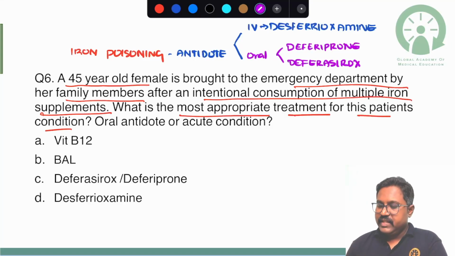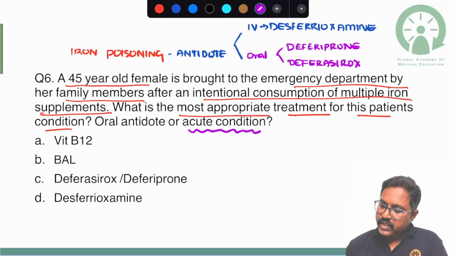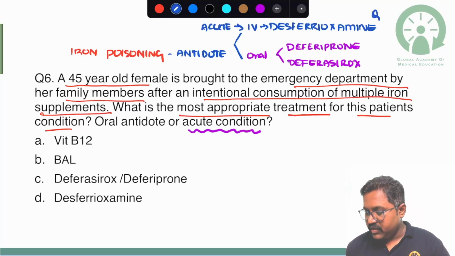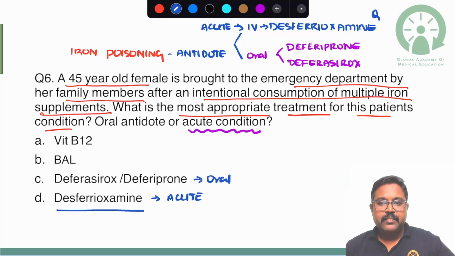So if they ask about the acute condition, the drug of choice will be desferrioxamine. If they have asked about the oral drug, then these would be the options.